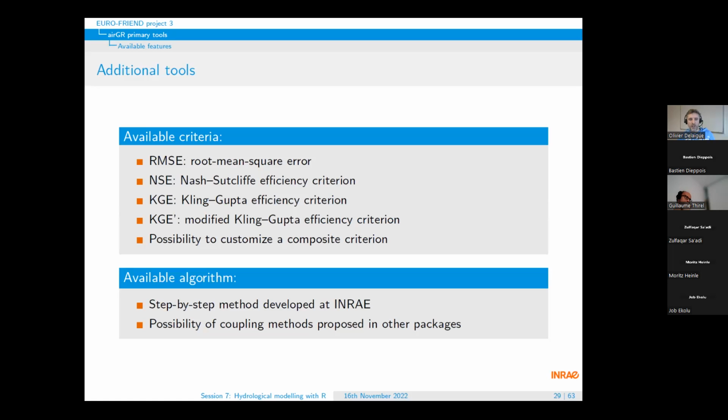The available criteria are these ones: the root mean square error, the Nash and Sutcliffe efficiency criterion, the Kling and Gupta efficiency criterion, the modified version of the KGE, and it's also possible to customize a composite criterion mixing different criteria and different streamflow transformations.